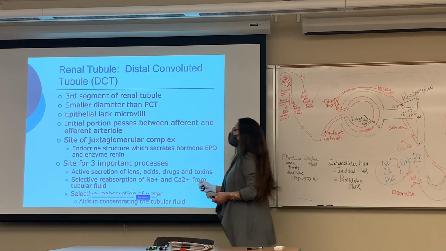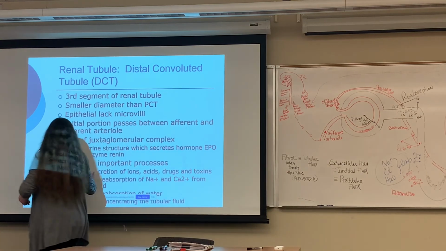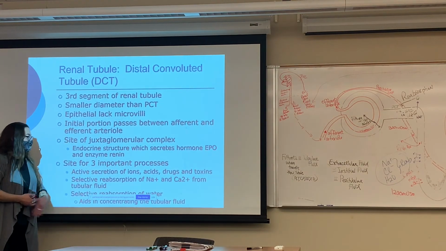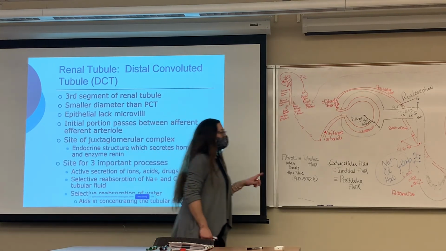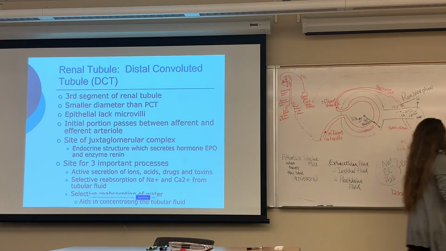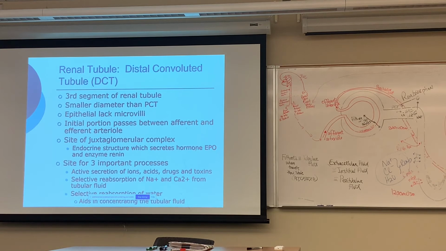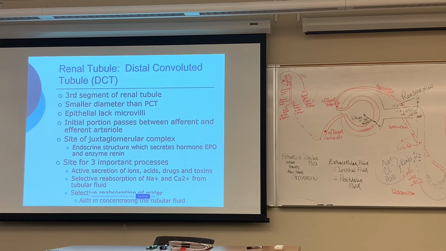Now, I want you to think about what these 2 words mean, active secretion. Secretion tells you in what direction things are moving. So secretion tells you that these things are in the blood, like acids, like hydrogen ions, and we need to get them out of the blood and into the filtrate so that they end up in the urine, okay? Active tells you how we're gonna do it.